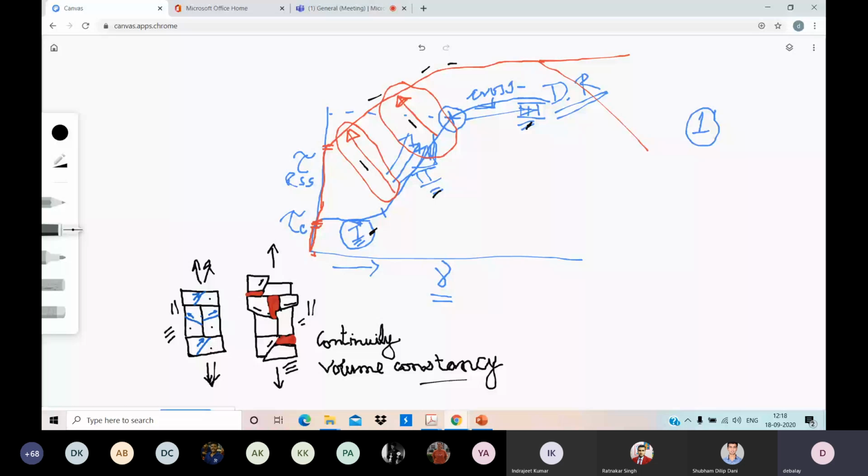But what can be the problem if individually they deform? What is the answer? There might be voids inside. Void. So these red portions I am showing as voids.